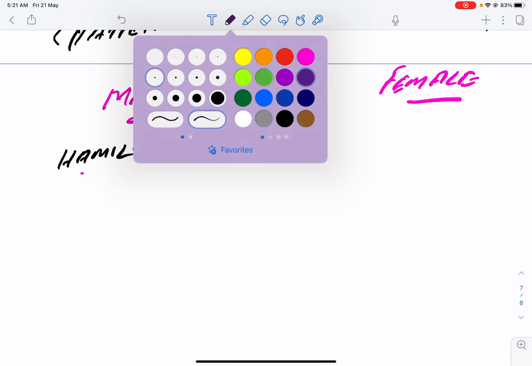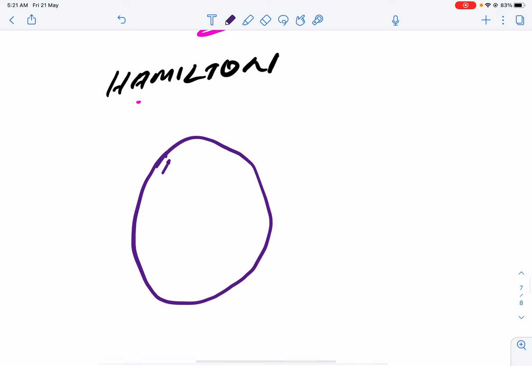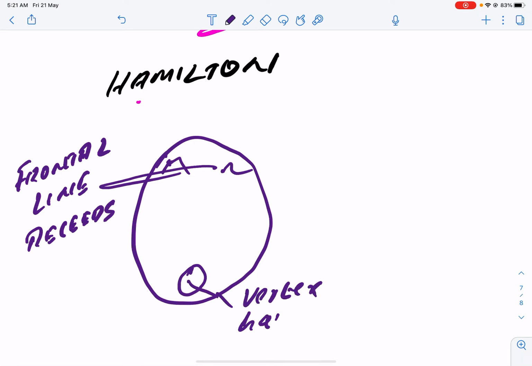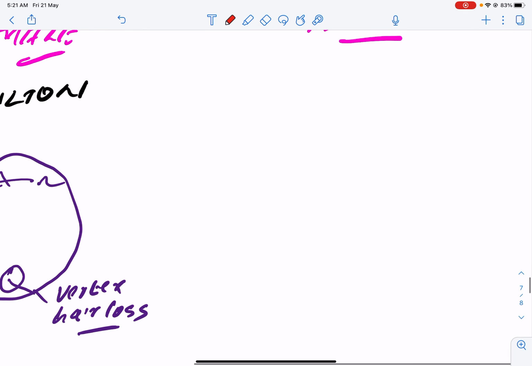If this is a male, he will have hair loss in the frontal area; the frontal hairline starts receding. You can just imagine bald people, the line recedes. At the same time he will lose hair from the vertex. So this is the most common pattern of hair loss seen in what? Males.